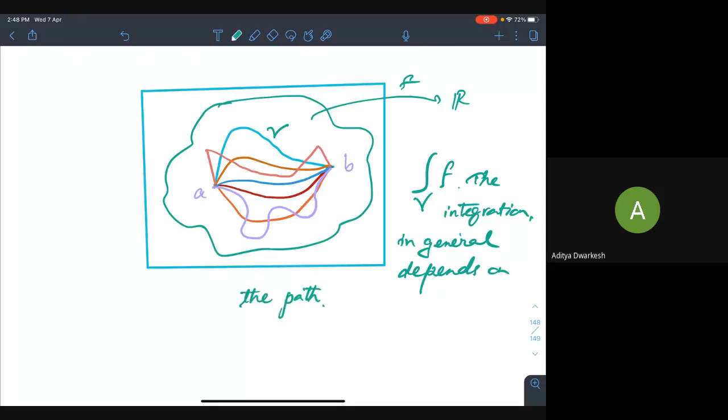But sometimes it is important to know that some integration does not depend on the path. Whatever path you take, the integration will be the same.